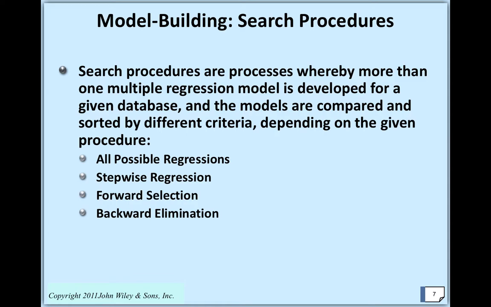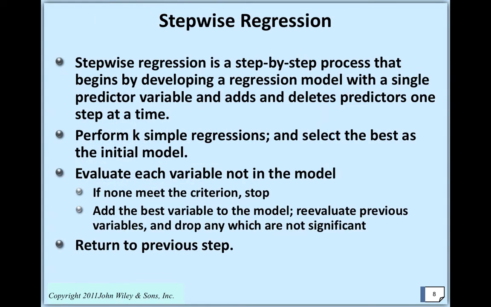Okay, so why? Well, let's get to what the procedures are for each of these different approaches. Stepwise is a step-by-step approach where we put in a variable and try them until we find the most significant one to put in the model, and we put it in. Then we add a second one, keeping the first one in the model, and we see if we find another one that's also significant along with the first one.